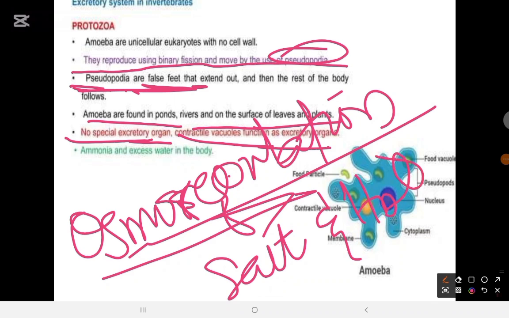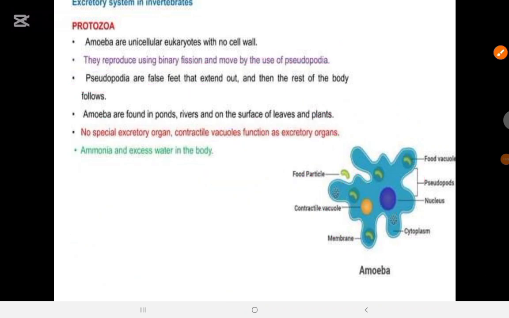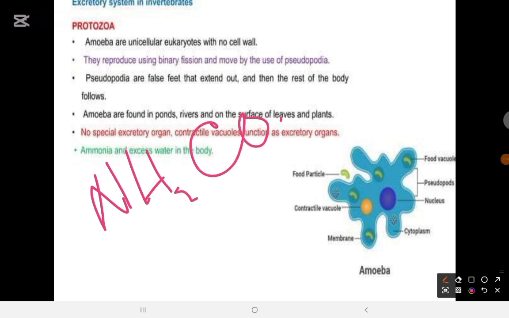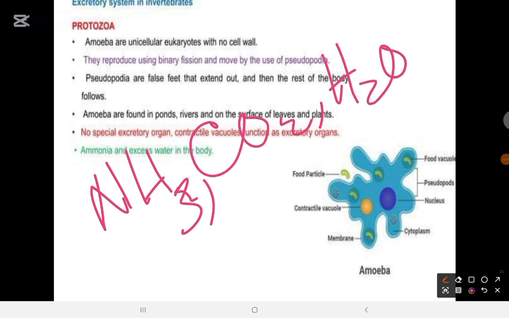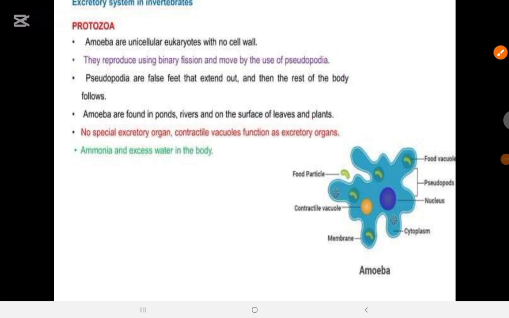Ammonia and excess water in the body are the major excretory products. Ammonia, CO2 in respiration, and excess H2O. Those are the major excretory products from these unicellular organisms.